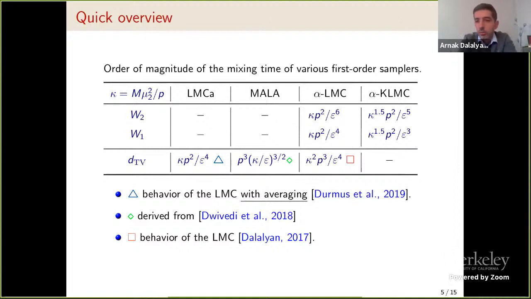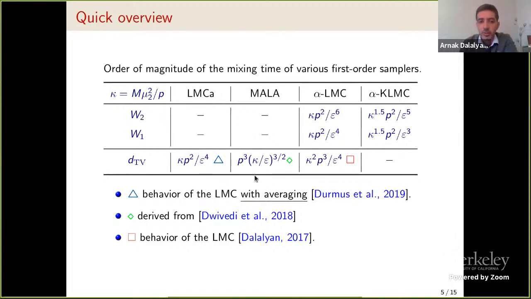And we know by now that in the strongly log-concave situation, we can have such results. The goal of this paper is also to get such results for log-concave situations in which we have explicit constants everywhere and nice dependence on different parameters. So for the LMCA, there is this result for the total variation distance.